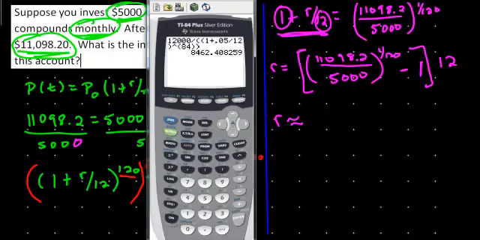So let's break out the calculator and see what happens. So I'm going to get a parentheses for the first bracket there, then another parentheses for everything inside the 1/120th. So that's going to be 11098.2 divided by 5,000.